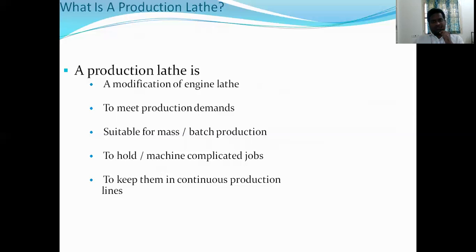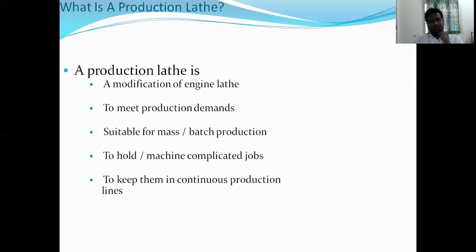Now, batch production. Batch means the same operations are done, but the product need not be the same. The product's size also need not be the same as the other product, but the operations on the products should be the same. That means if our manufacturing process needs turning, drilling, boring, and reaming for a particular product of some size, such as 12 dia or 40 dia, that is our first product.